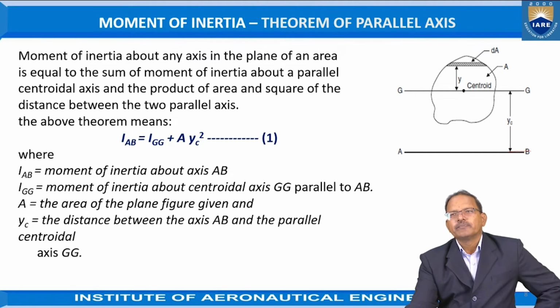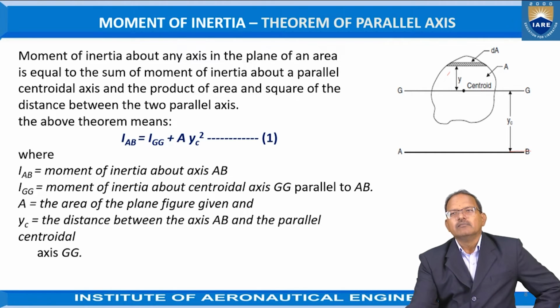Let the area be represented here. Let GG represent the central axis. Central axis means the axis which is passing through the centroid of the given object or the plane area.